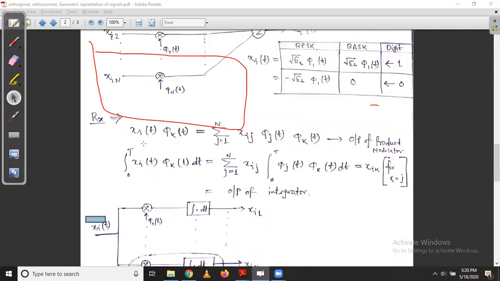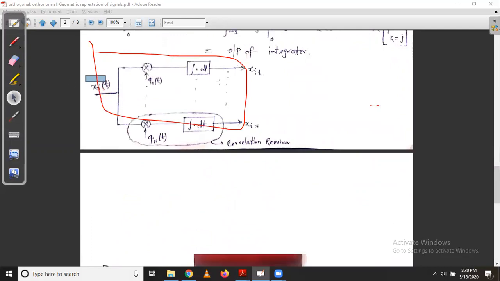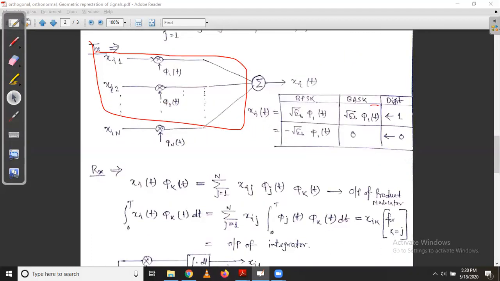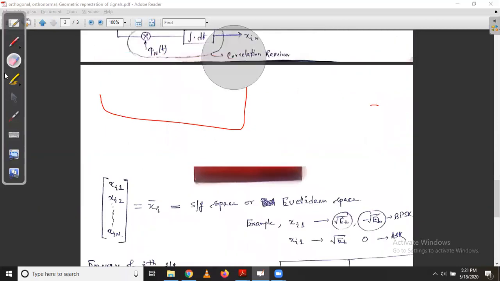This is the basic block diagram of the receiver section of all digital modulation techniques, where some multiplier and some integrator will be there. For the transmitter case, some product modulator and some summing element will be there. So up to this, today we have discussed. For any doubt, you can ask, or we'll leave the class now.